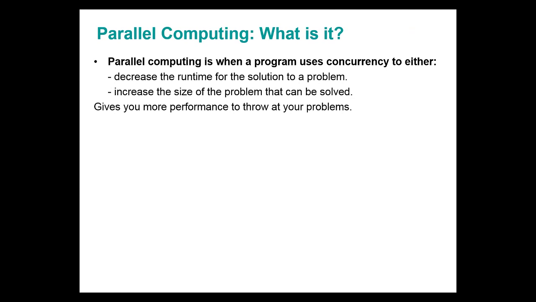The other approach is to increase the data size of your problem, which normally cannot be done with one CPU, so you want more power to make use of multiple CPUs. In general, it gives you more performance to throw at your problems.